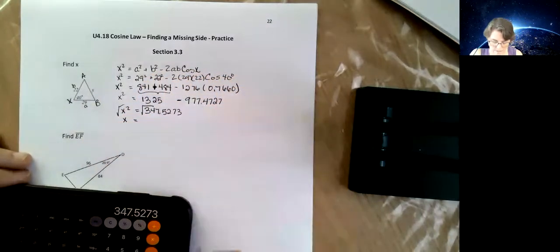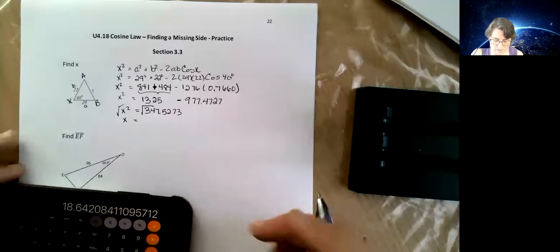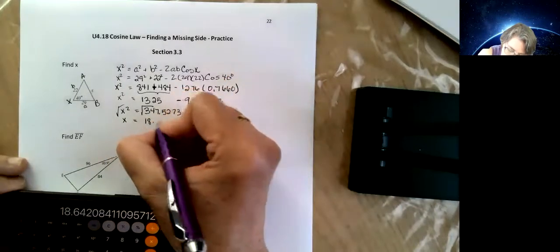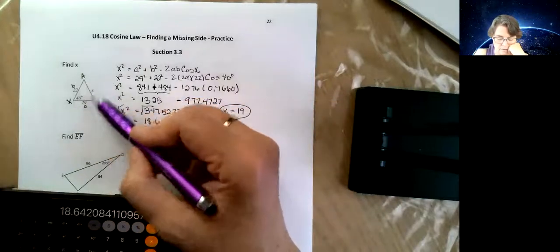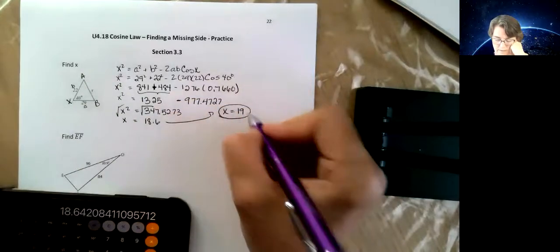Square root both sides. The square root gives 18.6. There are no units here, so I don't need units.